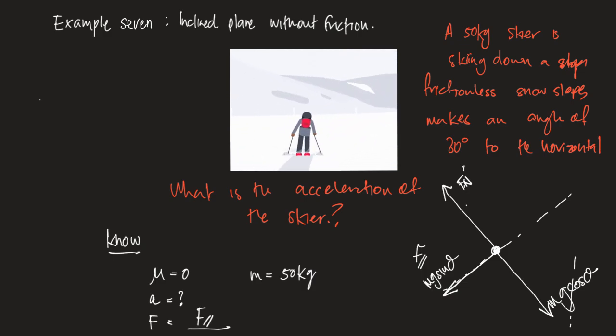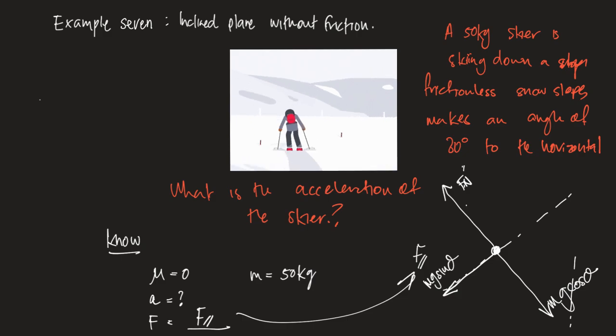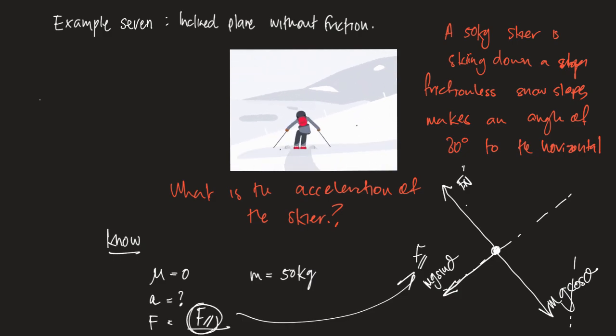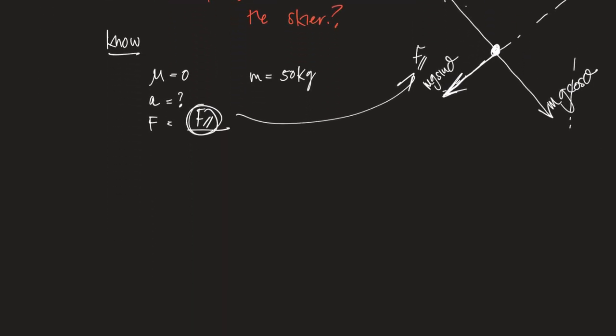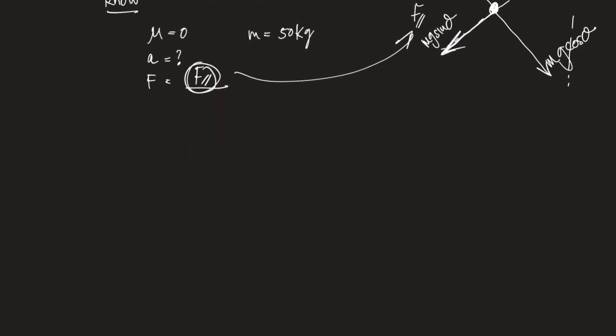It's the force that is driving this whole system. So how does the skier get down the hill? Due to F parallel, because anything that's on an inclined surface is going to want to go down that inclined surface. So now I know that my force is actually F parallel.